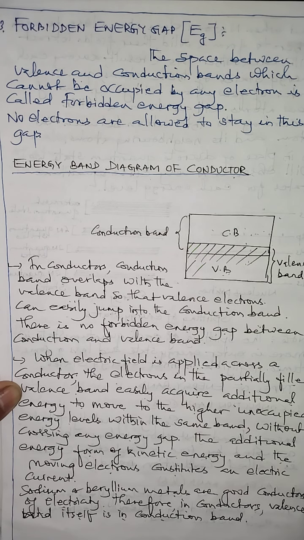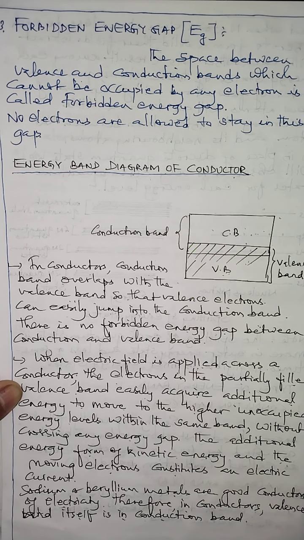Remember that the only solid where the valence band overlaps with the conduction band is a conductor. For other substances like semiconductors and insulators, there is a gap between the conduction band and valence band. That's why, among these substances, conductors are always used to conduct electricity, to supply current in an electric circuit. They are good conductors of electricity.